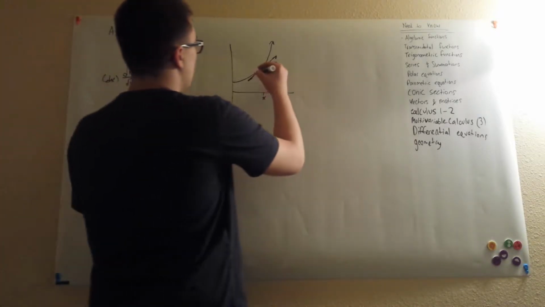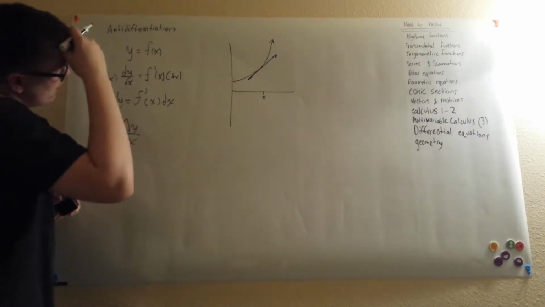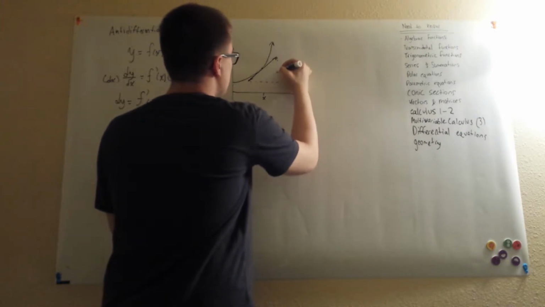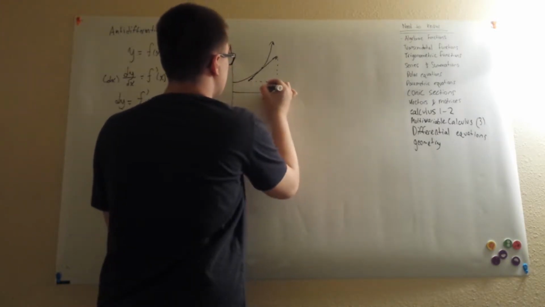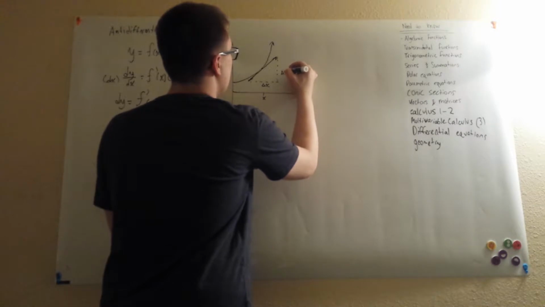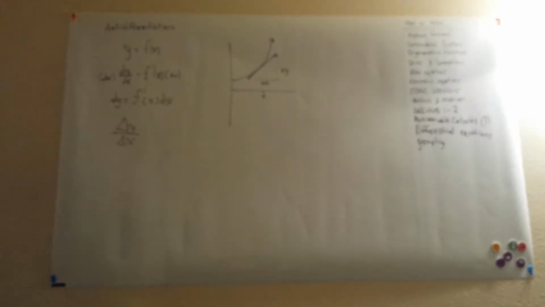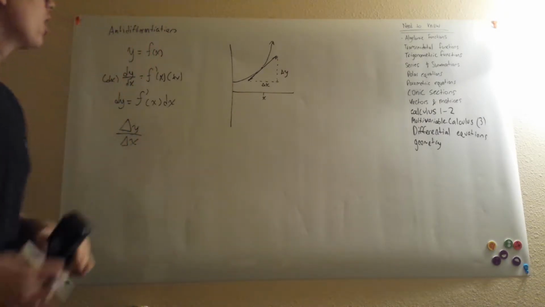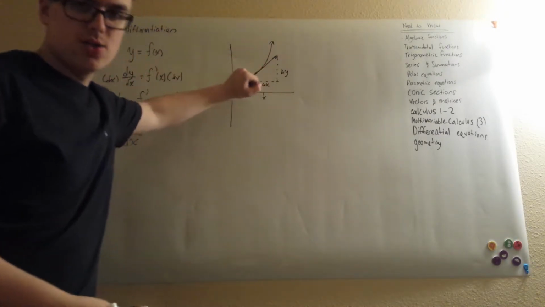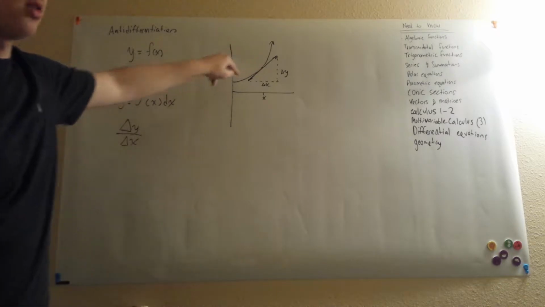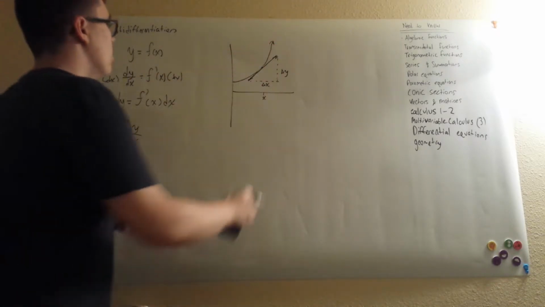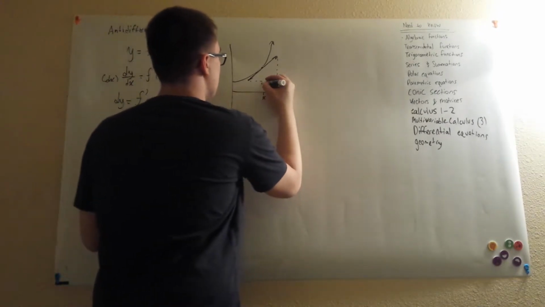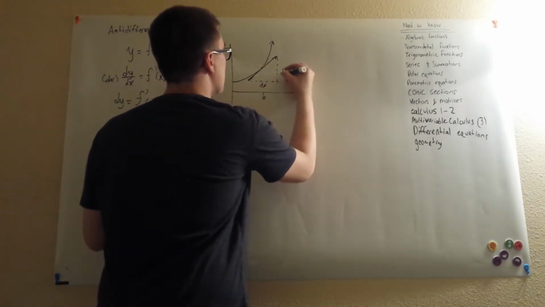So, say the change in x of this tangent line is right here, and the change in y of the tangent line is right here. But because it's a tangent line to the curve at that point, the slope of the curve, we can call this dx and dy.